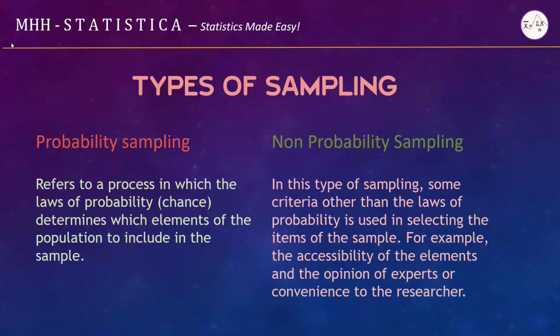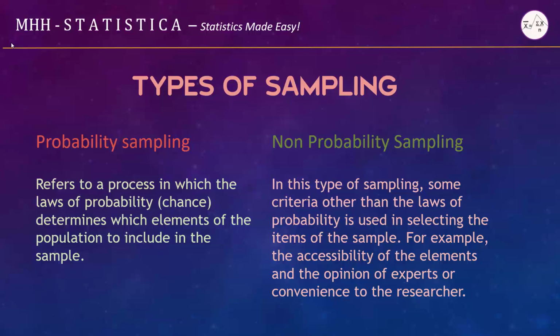Probability sampling refers to a process in which the laws of probability, that is chance, determine which elements of the population to include in the sample. Probability sampling involves the use of random selection, that is, every element of the population has a chance of being selected. Probability sampling is mainly used in quantitative research.